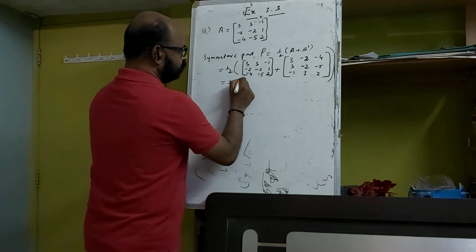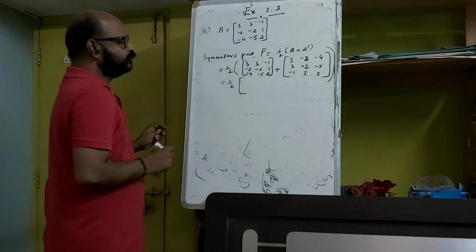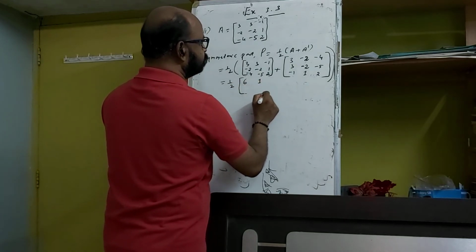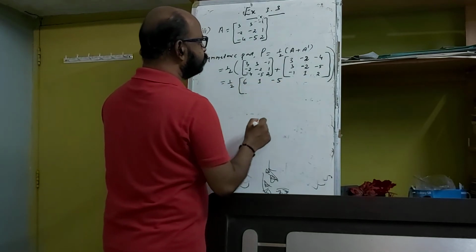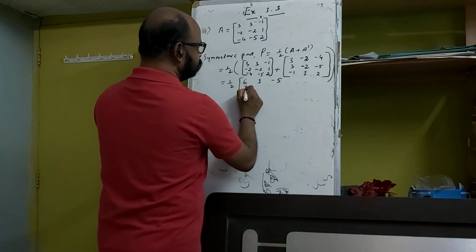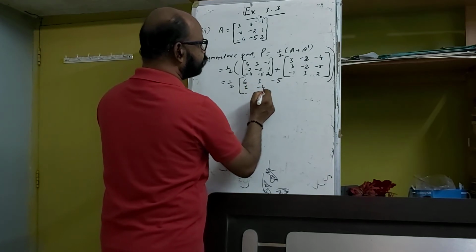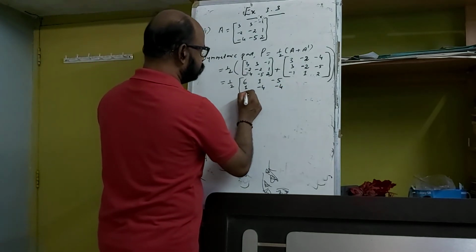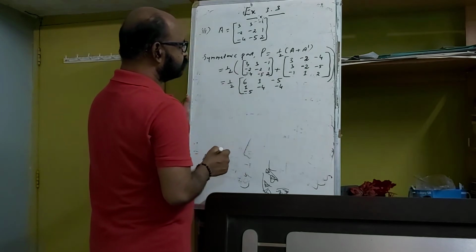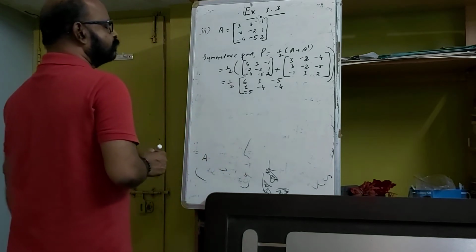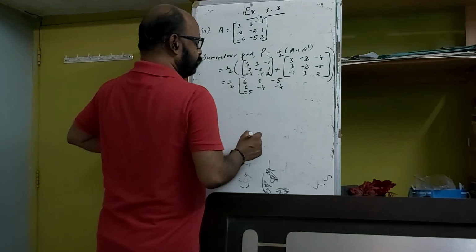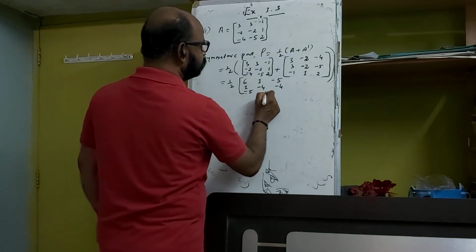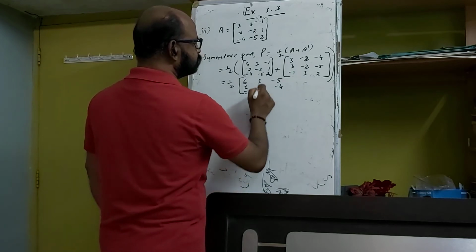Equal to half into 6, 1, minus 5, 1, minus 4, minus 4, minus 5, minus 4, 4.